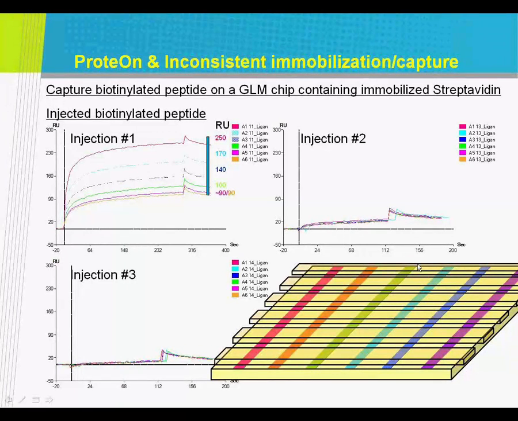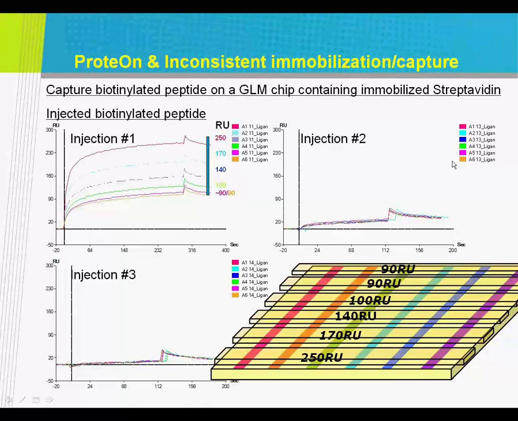Therefore, you have to do something different. Here we've taken a Fab against this peptide that was immobilized on a chip and injected it at 6 different concentrations, ranging from 64 to 0. When we tried to fit it with a one-to-one binding model, with a global Ka, Kd, and Rmax, we saw a poor fit. Of course, we would see a poor fit because the Rmax isn't the same; it's different.